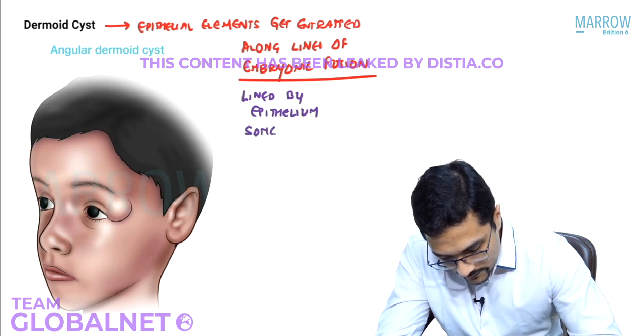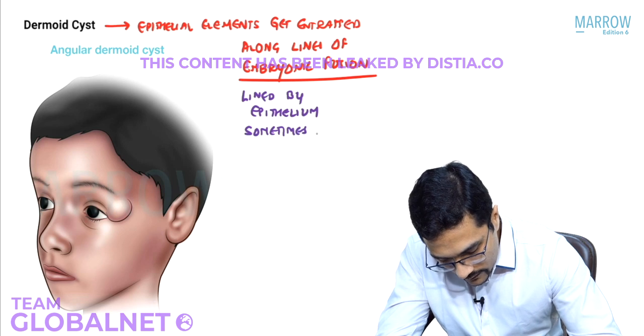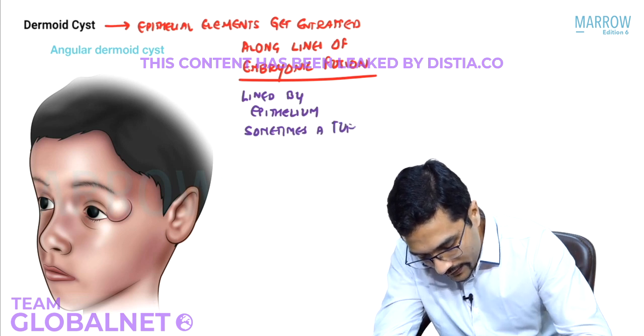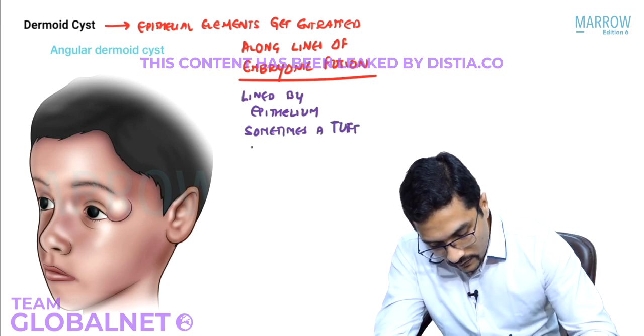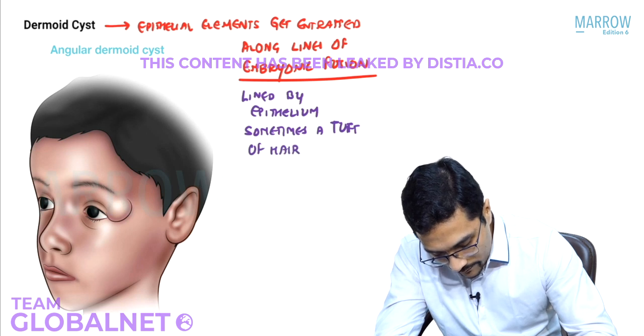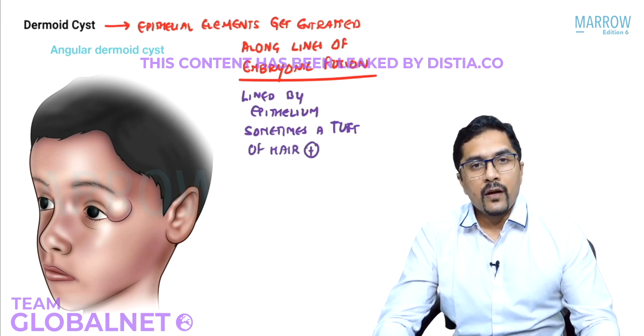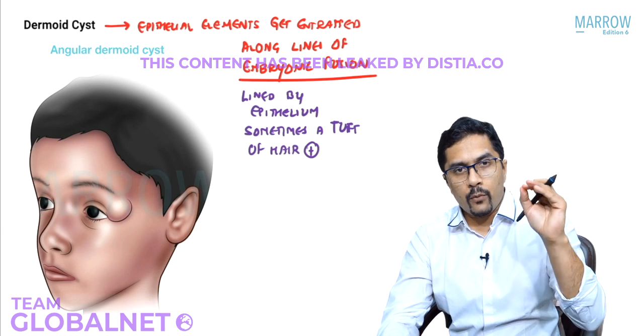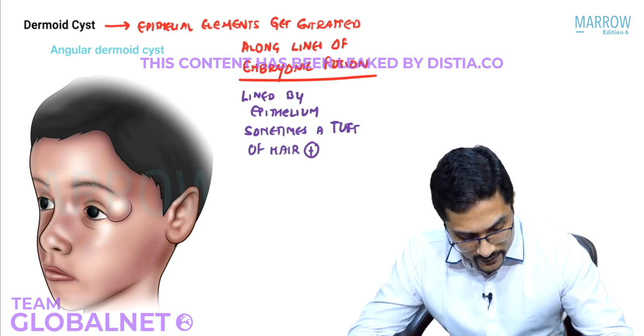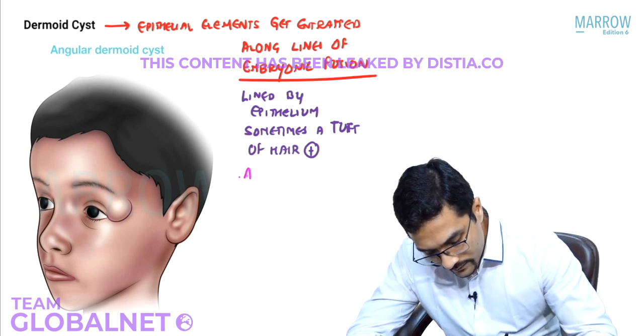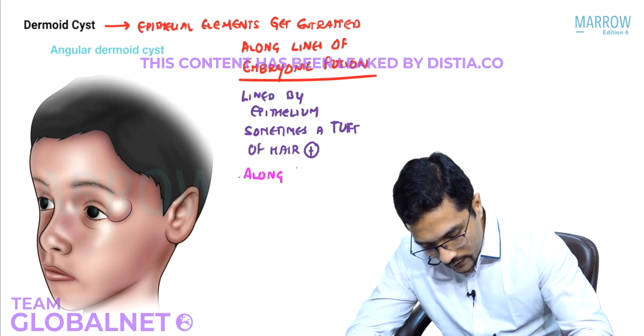Sometimes a tuft of hair can be present over the swelling. But what is the classical point for a dermoid cyst?